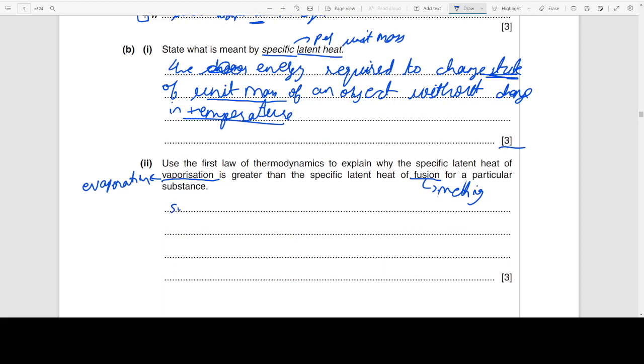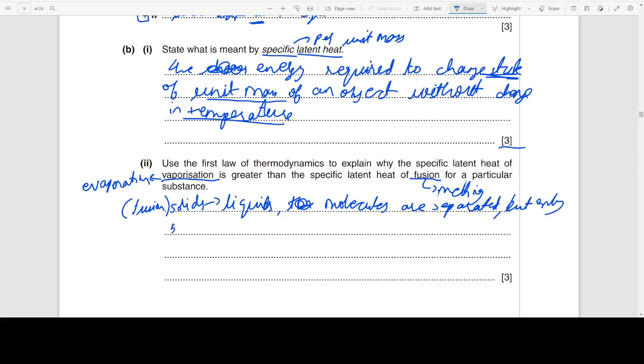So solids to liquids, this is for fusion, molecules are separated but only by a small distance.